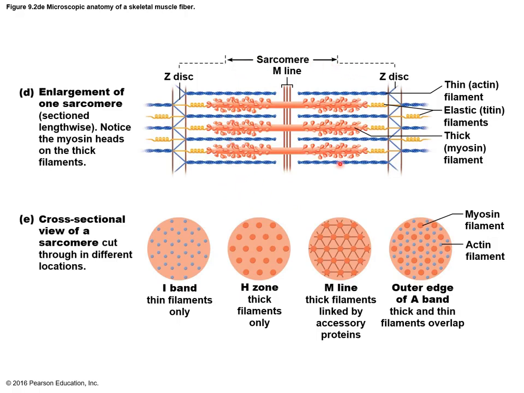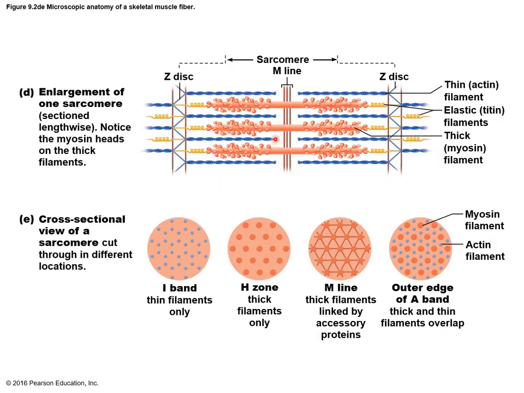Within the A band, you have that H area, and then the very middle is the M. And what it is showing here, the reason why this is darker is because you've got those thick filaments, and for most of it, but not all of it, where it's the darkest area, you have both the thick and the thin filaments. In the I band, the reason it's lighter is because all you have are your thin filaments. That's it.